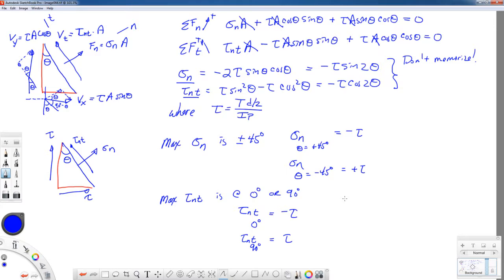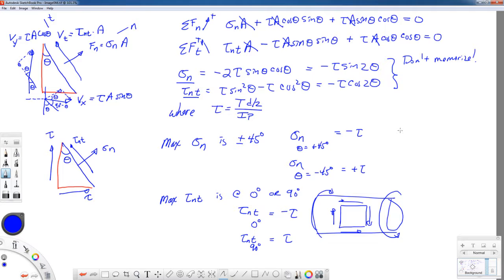So the maximum shearing stress occurs in a block that's aligned with the axis of the bar in torsion. And the stress state looks like this, if I put a torque on it like I had shown at the beginning.